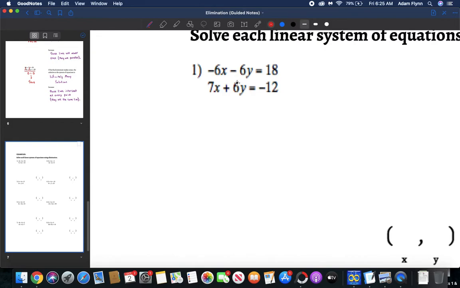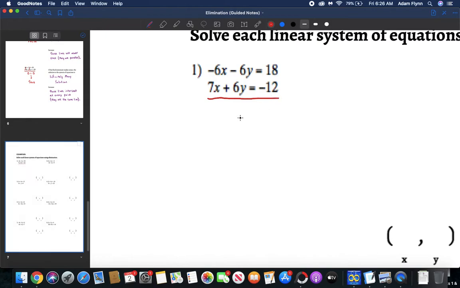Okay, so when taking a look at which variable I can eliminate, this is one of those easier ones where I'm not going to have a whole lot of work ahead of me before the elimination process, because if I take a look at my y's here, my top y has a coefficient of negative 6. My bottom y has a coefficient of positive 6, which means negative 6y plus 6y is going to eliminate.